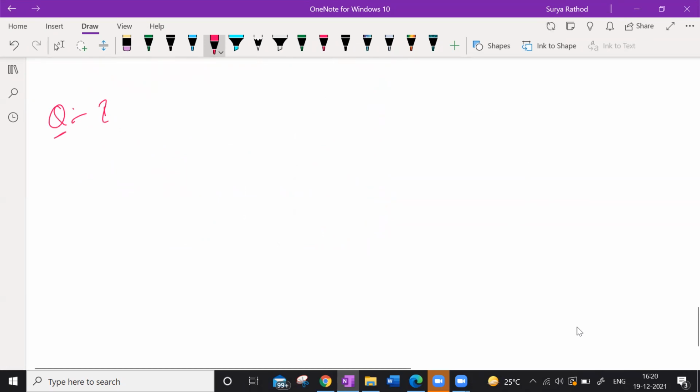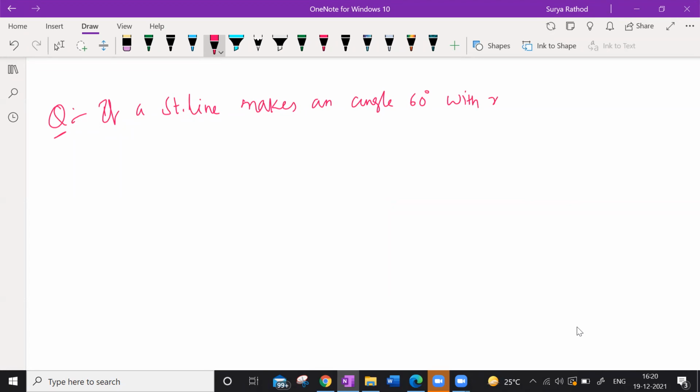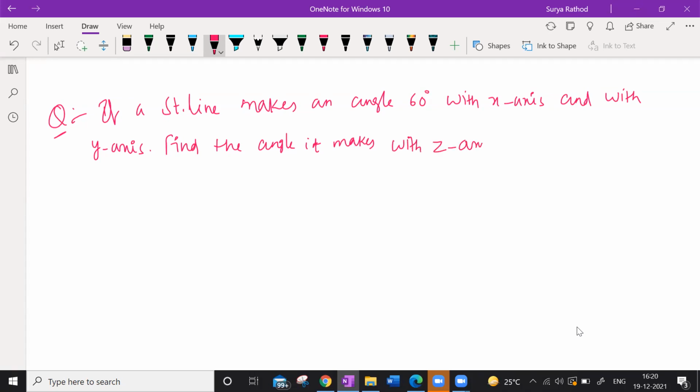If a straight line makes an angle of 60 degrees with the x-axis and with the y-axis, find the angle it makes with the z-axis. You need to use the direction cosines concept here.